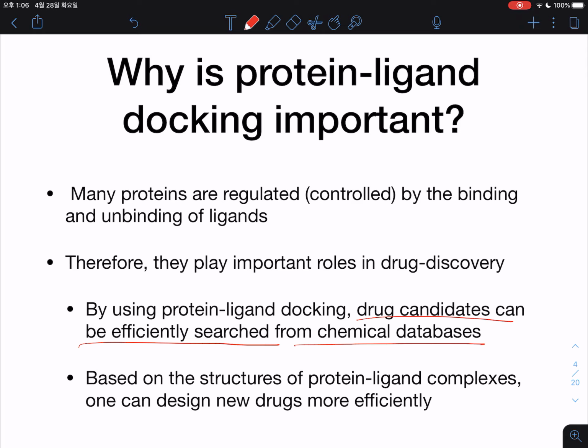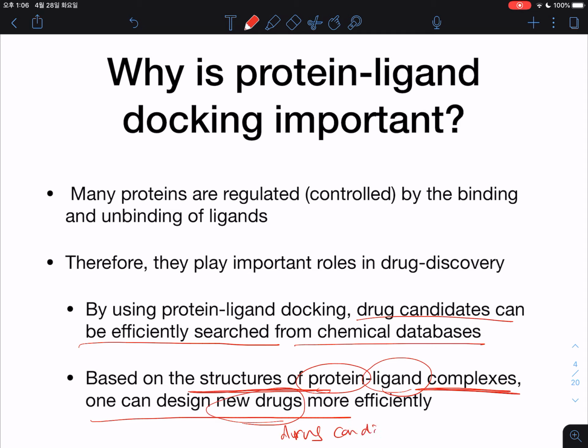If we can find the right protein ligand complex structure, then we can design new drugs much more efficiently, right? So the goal of protein ligand docking is to find the correct structure of protein ligand complexes, so that we can find new drugs or drug candidates more efficiently.